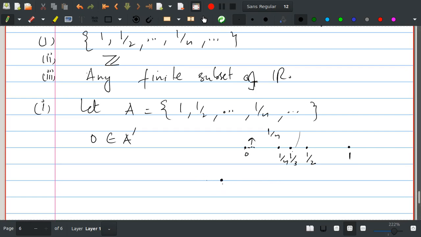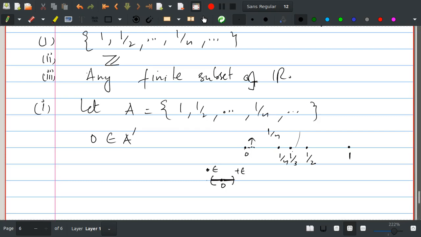So if we look at 0 here, let us take a small epsilon neighborhood. So this is 0 minus epsilon, and this is plus epsilon. Now this is the complete set, there are no gaps here because it's an interval.